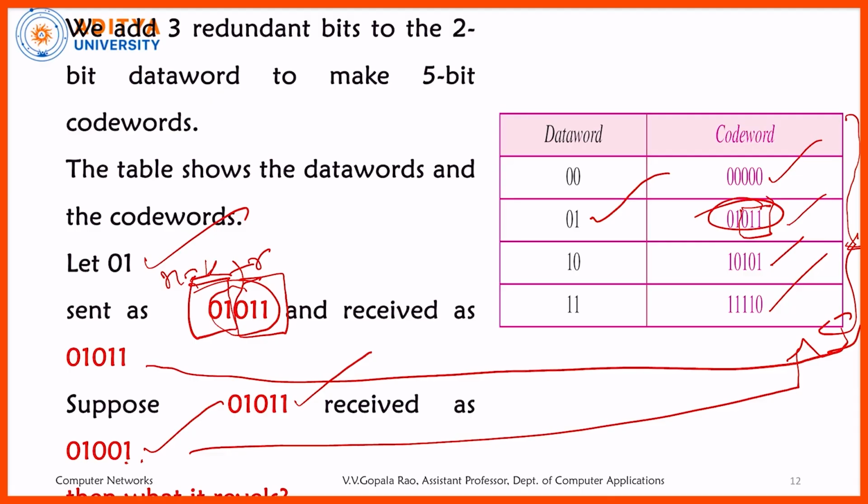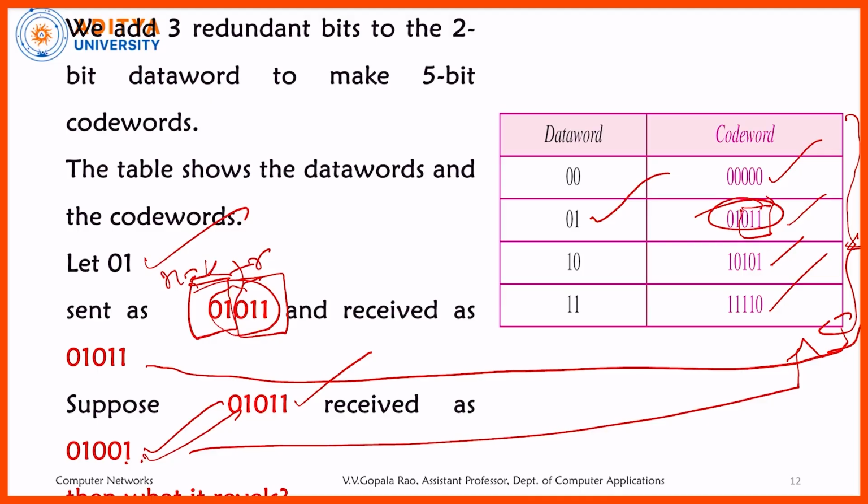Then if you consider the third one, in the actual received pattern 2 ones are there, but in this code word 3 ones are there, which means 2 bits are altered.